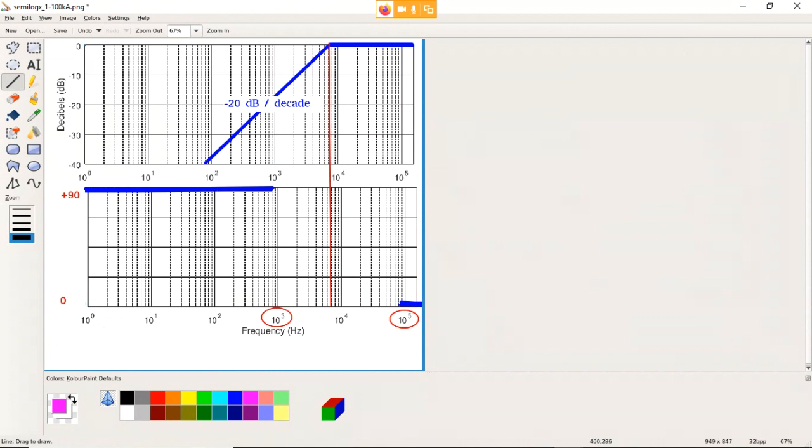Let me change colors, maybe that'll help a little bit. And then you join these two together. And right here at this critical frequency, it didn't show up very well in this plot, but I should be at 45 degrees.